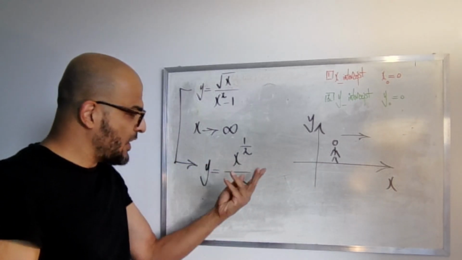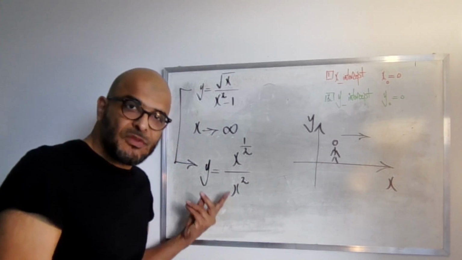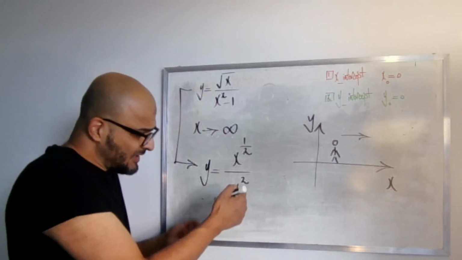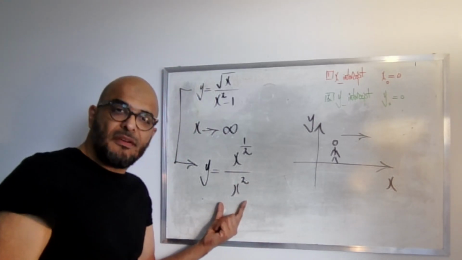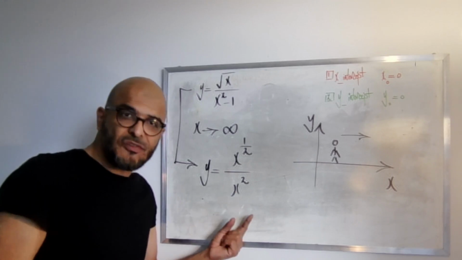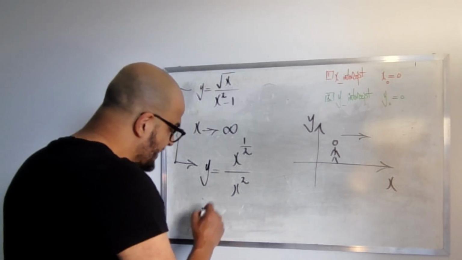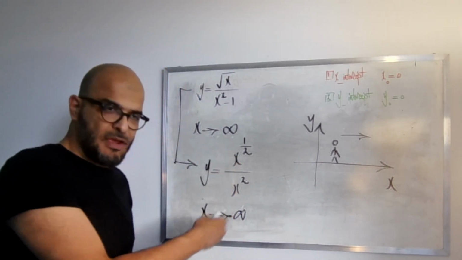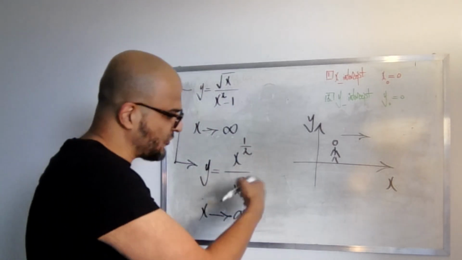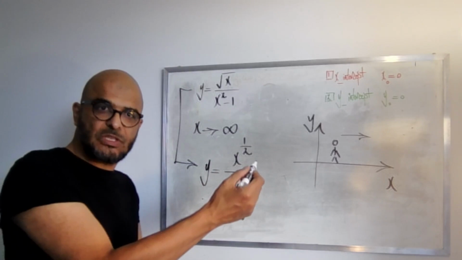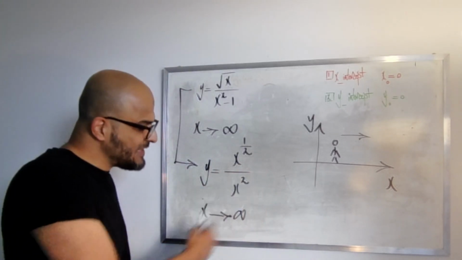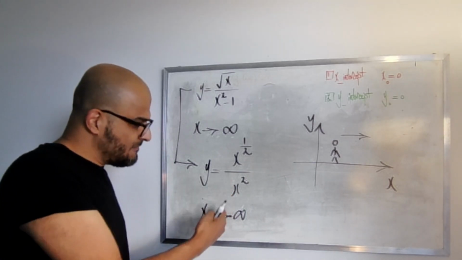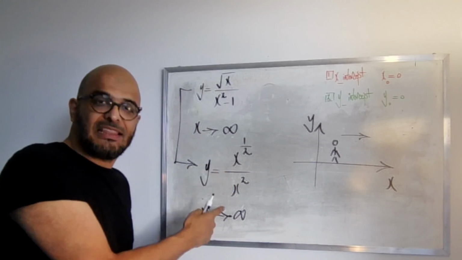For example, if you divide both sides by x squared, you see that the denominator is going to grow much faster. Then as a result, when x goes to infinity, if you divide this, it becomes 1 over x to the power 1 over 3. Then you see that when x goes to infinity, the numerator grows less than the denominator.